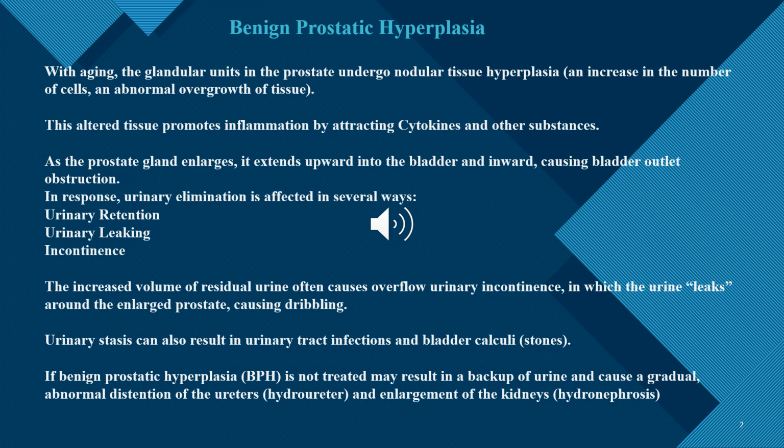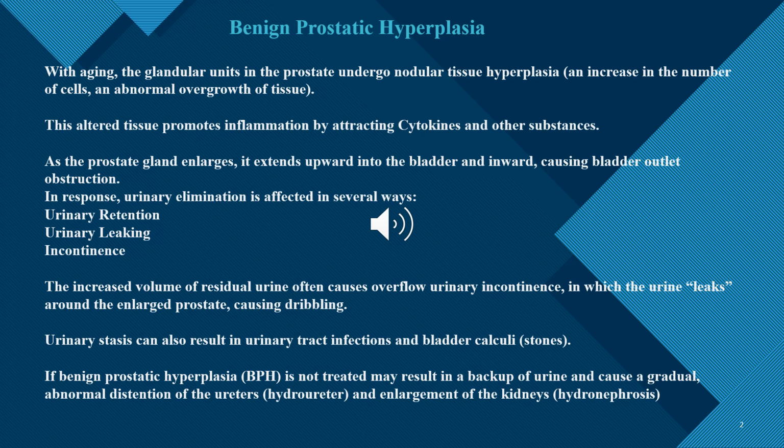It gets to a point that the bladder cannot hold more urine, and eventually the patient has to urinate, and they do this by leaking. So the patient with BPH is no different from the patient with OAB.